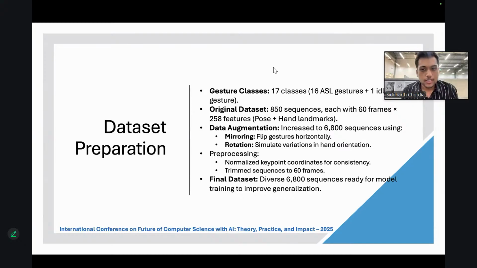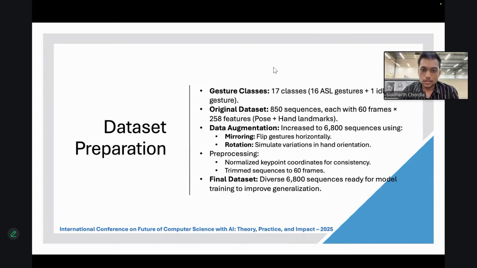The original dataset has 850 sequences, so 17 classes with 50 sequences in each class, and each sequence has 60 frames. The 60 frames are captured with 258 features, the landmarks.